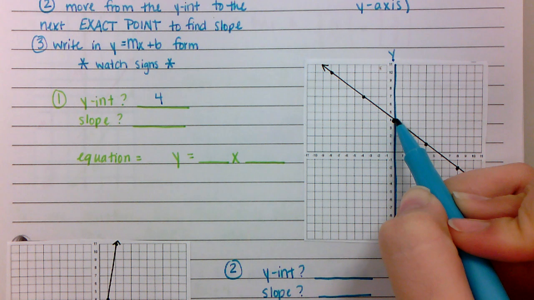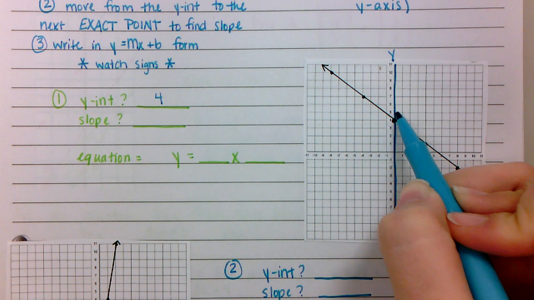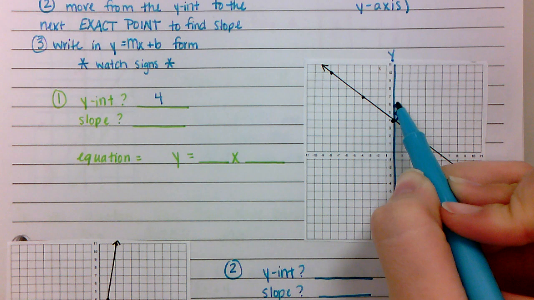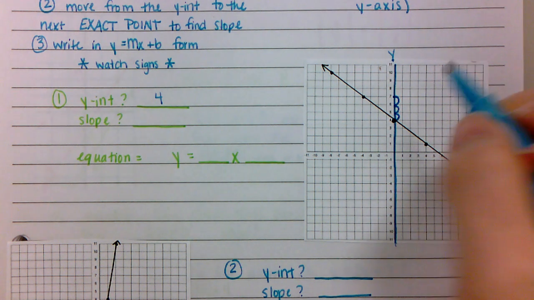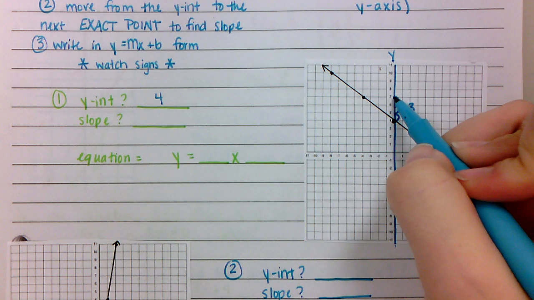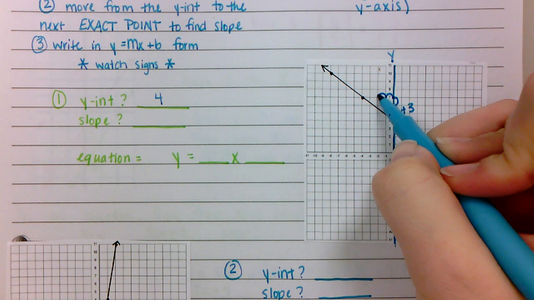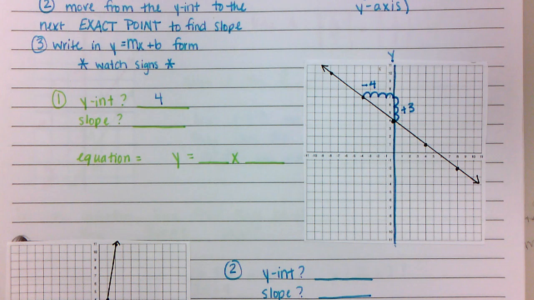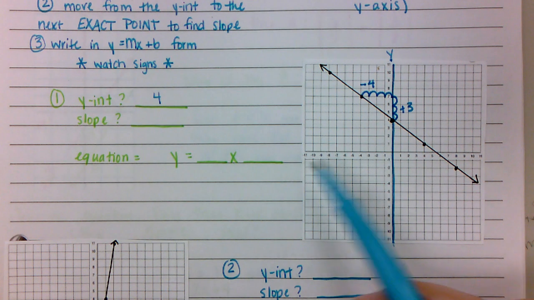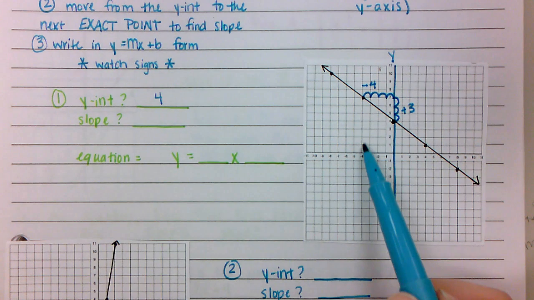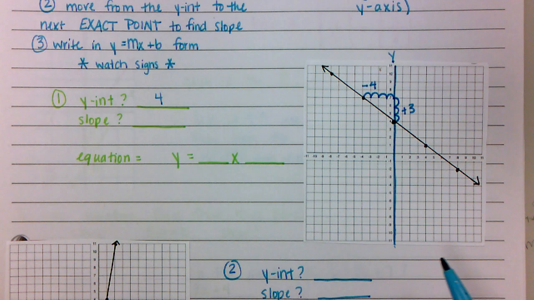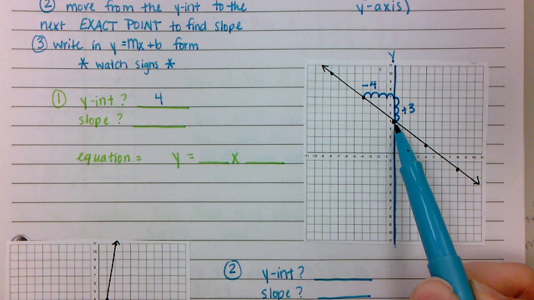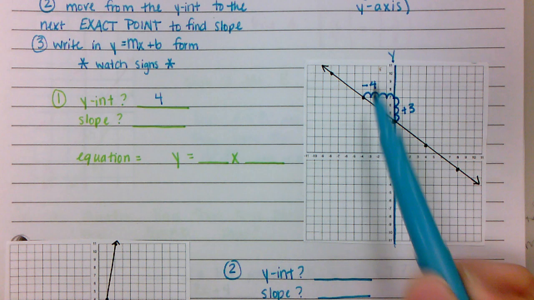So I'm going to go up 1, 2, 3. So up 3. And then I'm going to go 1, 2, 3, 4. I went to the left 4, which is negative on this x-axis. You see these numbers? That's -4. So I went up 3 and to the left 4.